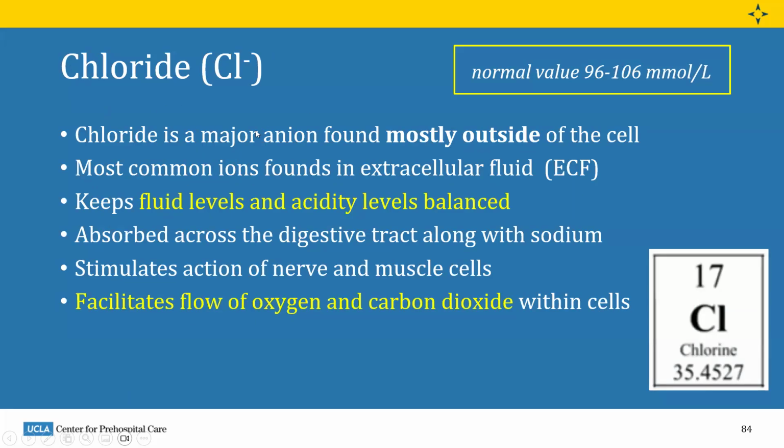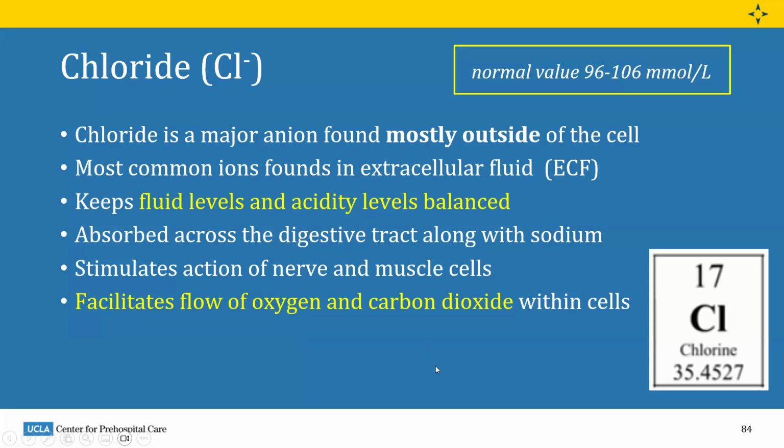Let's move on to chloride. So that's an anion, right? Angry, negative anion. So it's a negatively charged ion found mostly outside the cell. We usually find it in our extracellular fluid, or fluid around the cells or outside of it. It's really important for our fluid levels and pH levels.